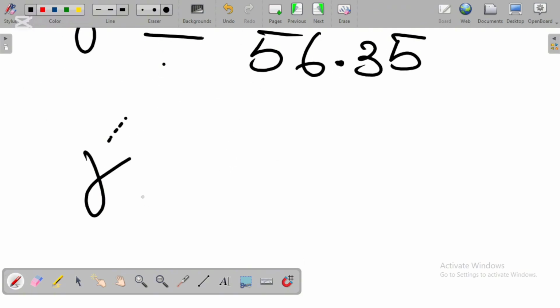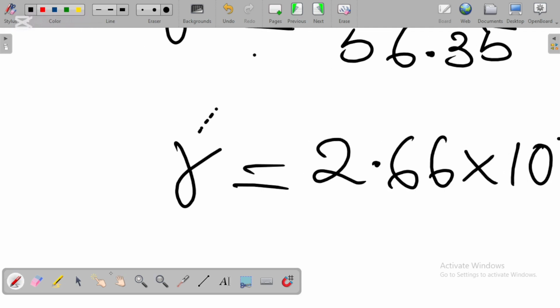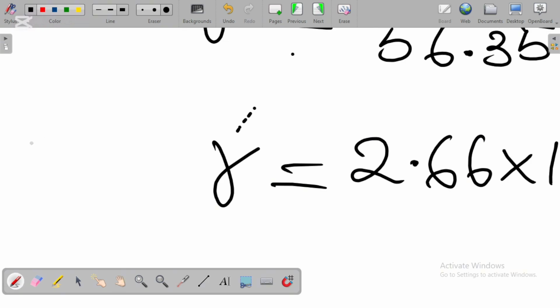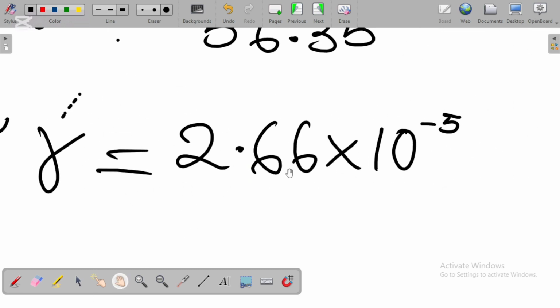R, which is the radius, will be equal to 2.66 times 10 raised to the power negative 5.